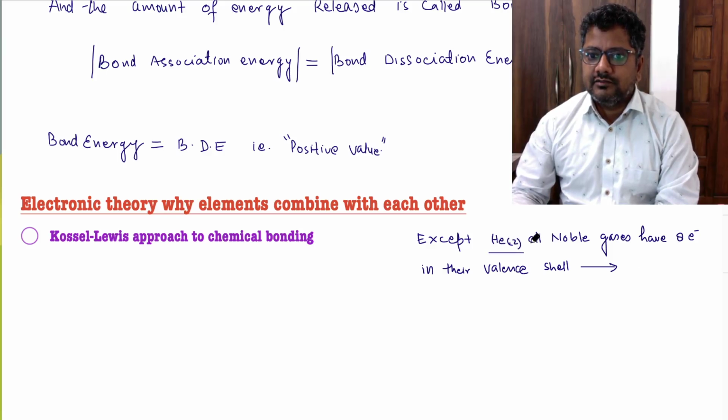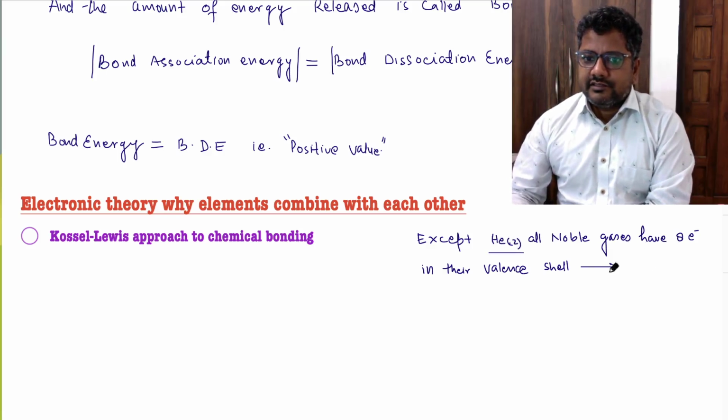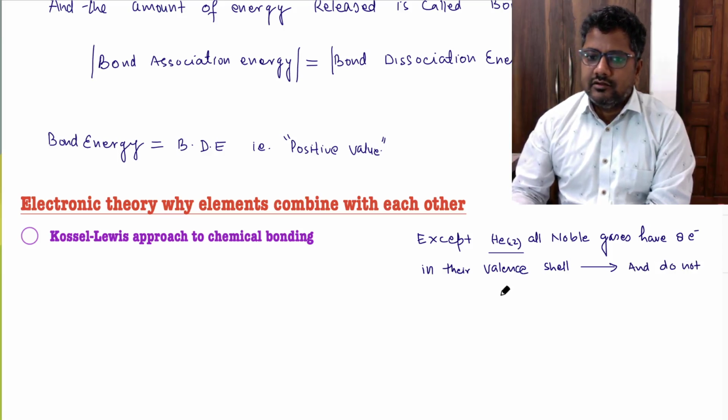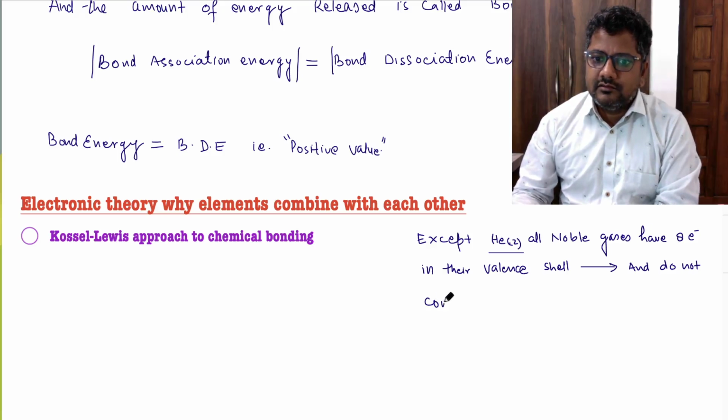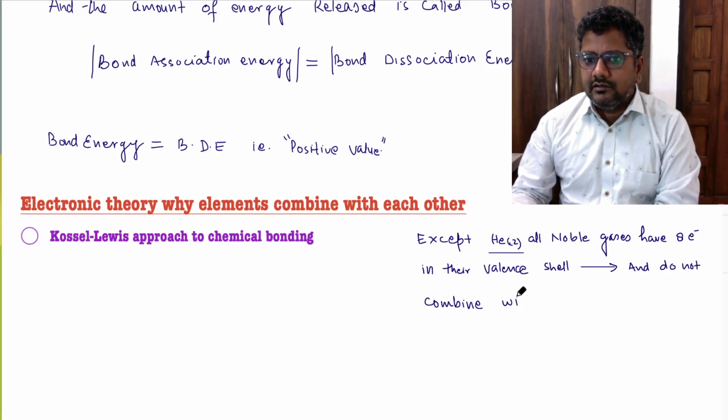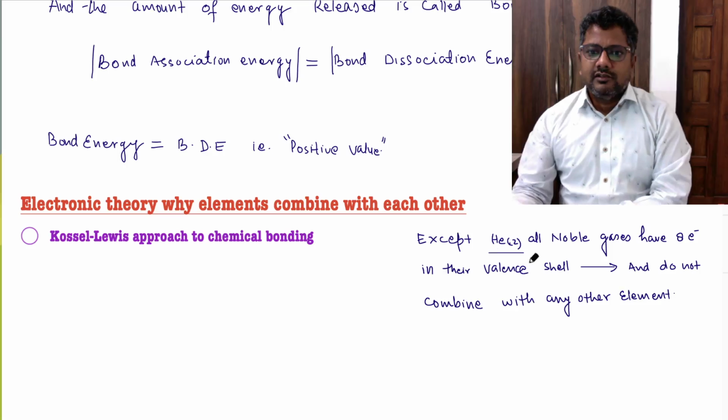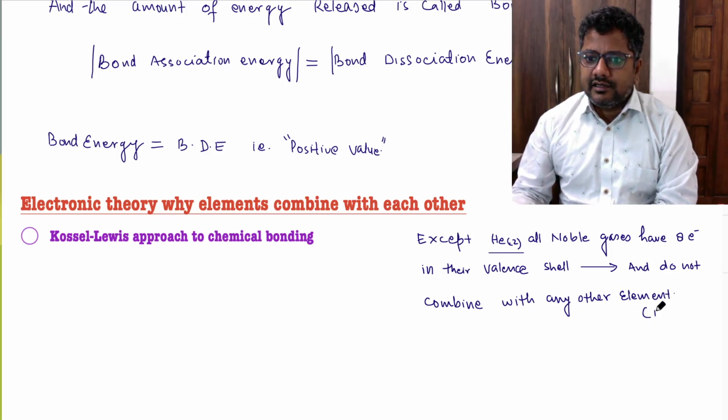So noble gases have 8 electrons in the valence shell and do not combine with any other element, right? So you can say these are inert.